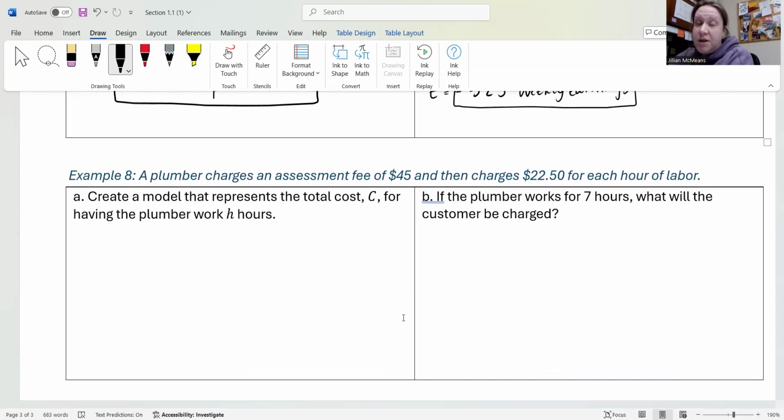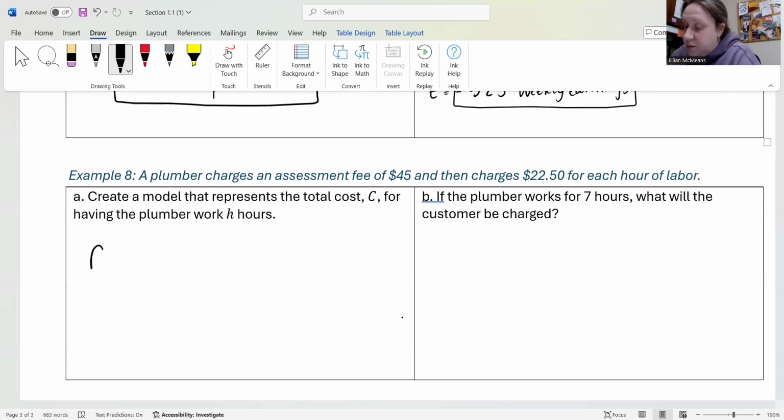They then charge an additional $22.50 for each hour of labor. So you're going to get charged the $45, and then if you hire them, you're going to get charged an additional $22.50 for each hour that they work. So part A says create a model that represents the total cost C for having the plumber work H hours. So they're telling us what variables they want us to use.